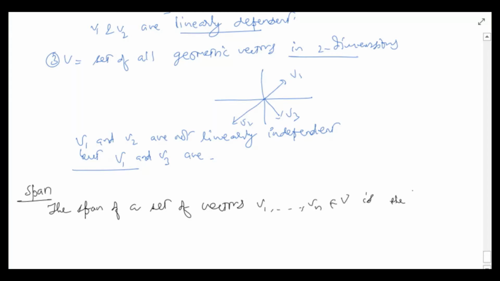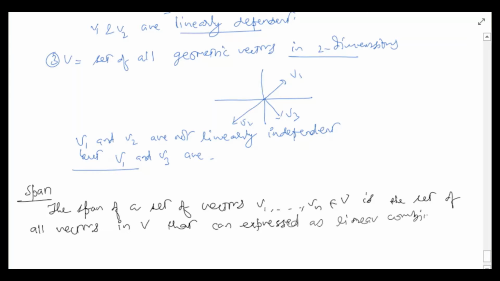In other words, this is the set of all vectors in V that can be expressed as a linear combination of V1 dot dot dot Vn.